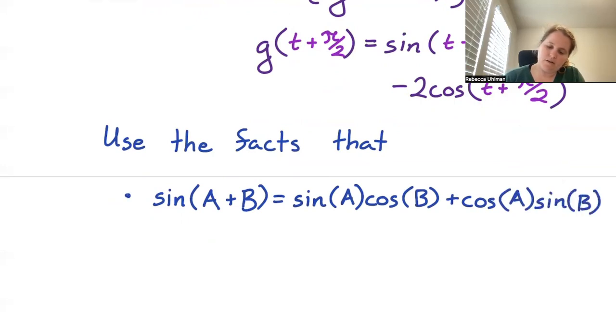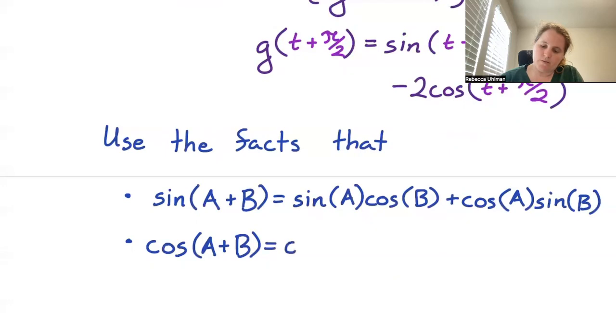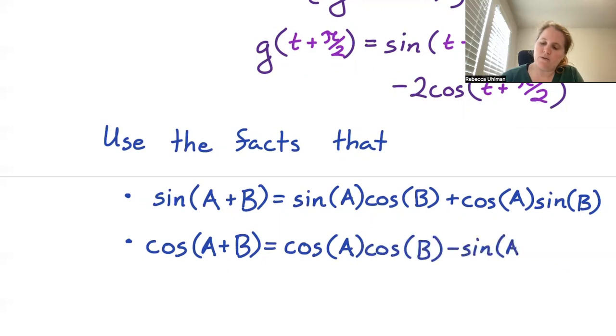And cosine of a plus b is equal to cosine of a times cosine of b minus sine of a times sine of b. So we're going to use these facts to rewrite our g of t plus pi over 2.